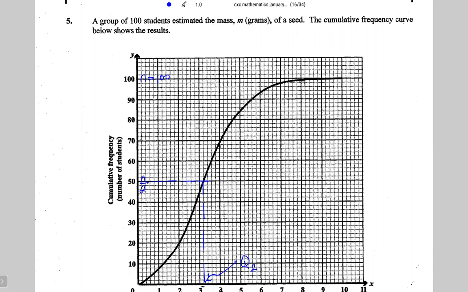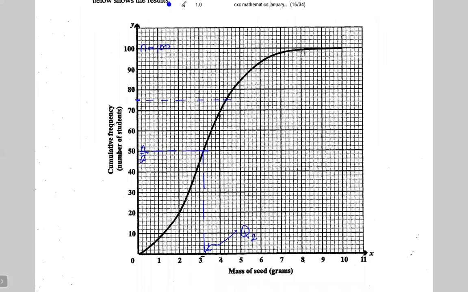75 is in the dead middle between 80 and 70. So right there is where we got 75. At 75, which is 3/4 of n, I'm going to go across, and when we hit the curve, I'm going to go down.